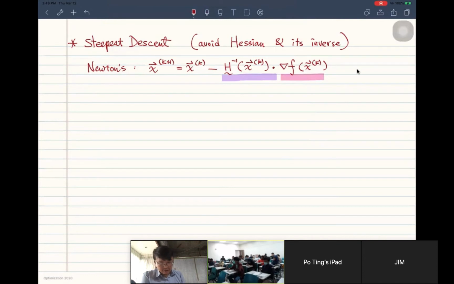What is a gradient? This is basically the gradient vector.